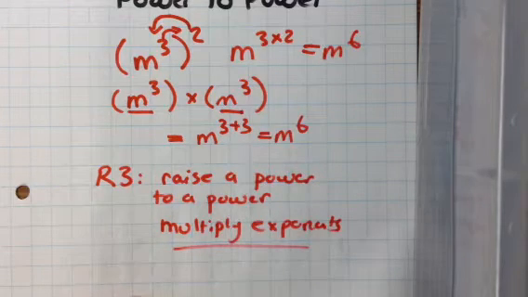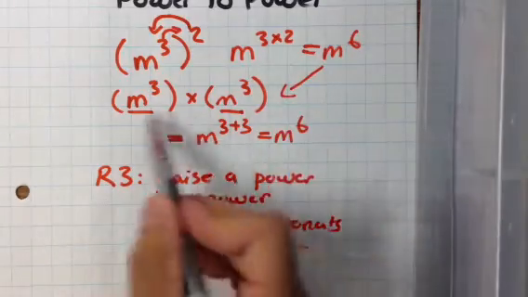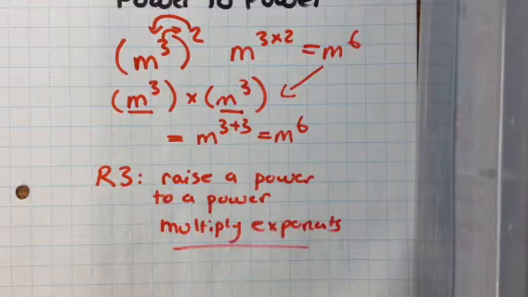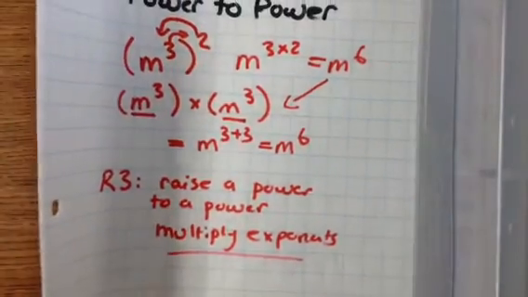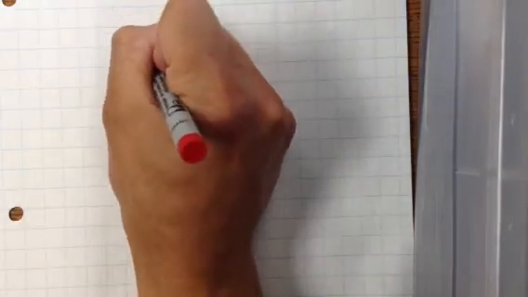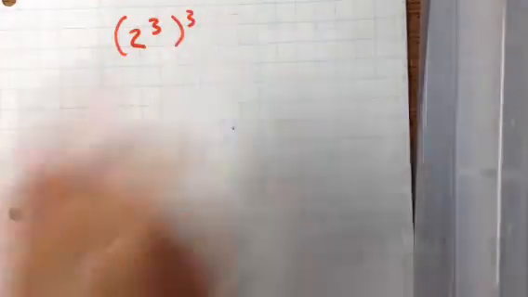So that's the rule we're going to use, and the reason it works is because if you wrote it out and did the long way, you of course would have to add together all your m's, and you do get m to the 6. So let's use this faster rule to figure out a few different examples, and I'll give you a few examples that we can do together. The first one here would be something like 2 to the power of 3, and I raise it to the power of 3.